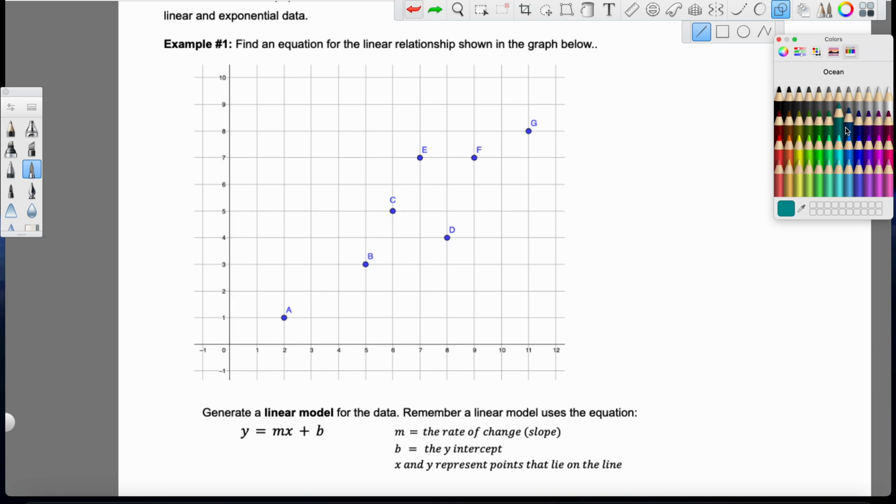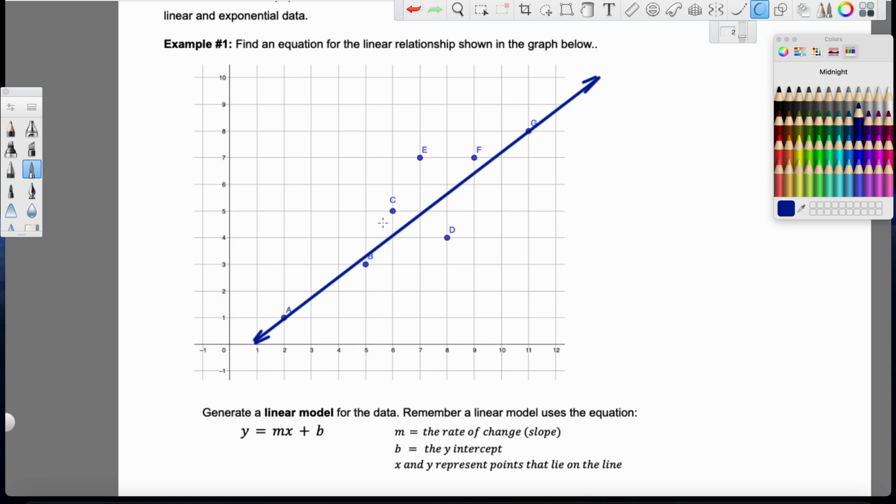Let's try it again. Okay, yeah, maybe this is pretty good. Maybe it should go a little lower here. What do you think? Maybe like that? Okay, I'm going to stick with that.